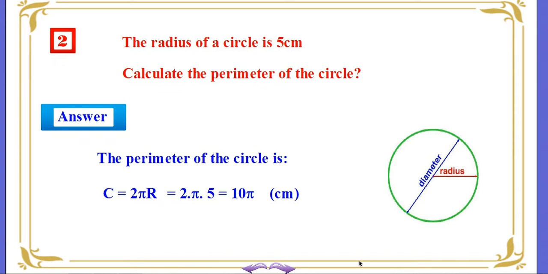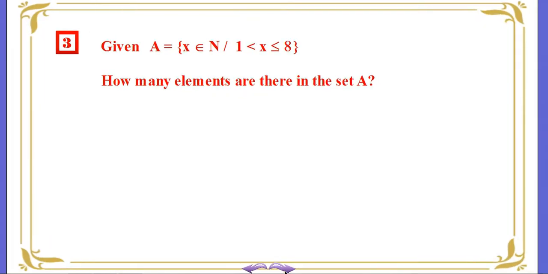We finished solving lesson 2. Now we move on to lesson 3. Given a set A, including the natural numbers that are larger than 1 and smaller than or equal to 8. How many elements are there in the set A?